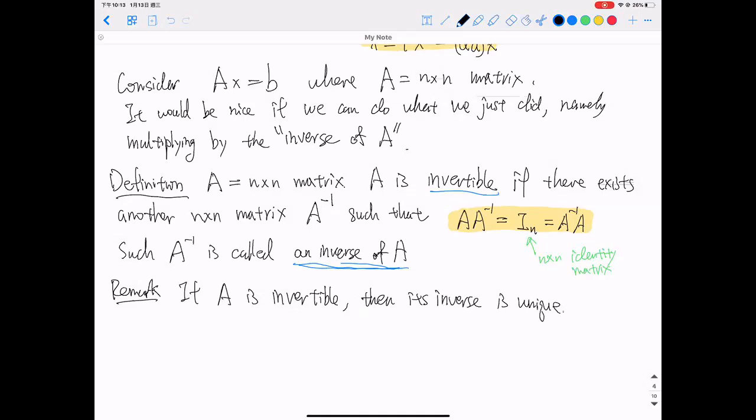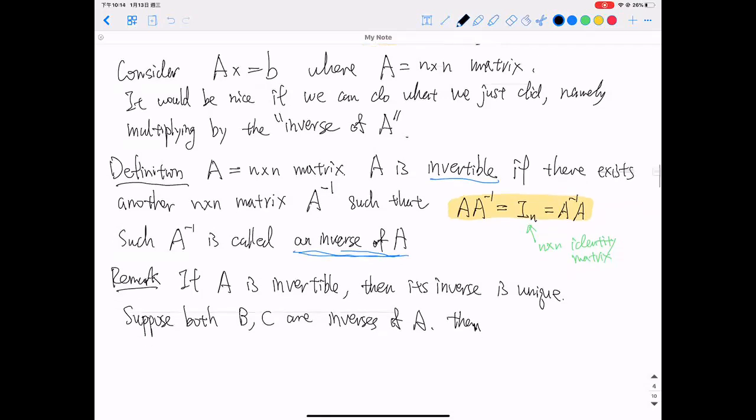How do you want to do that? To see this, let's suppose you have two of them. Suppose both B and C are inverses of A. Then what happens?